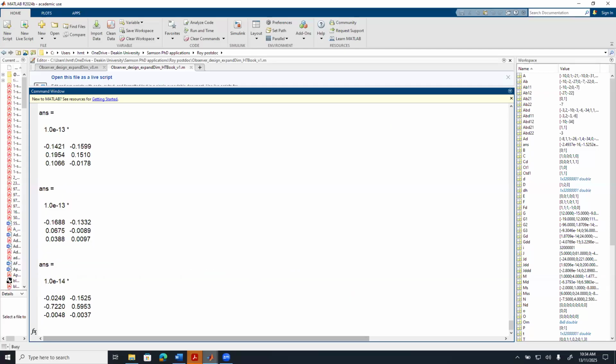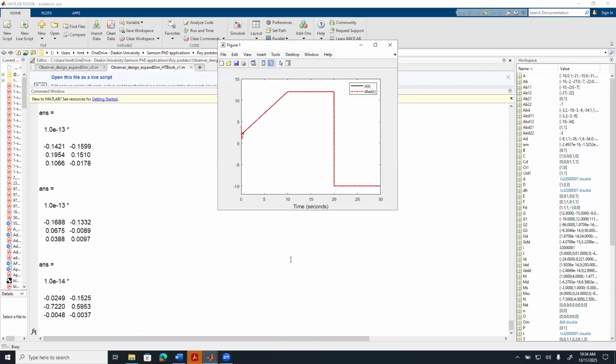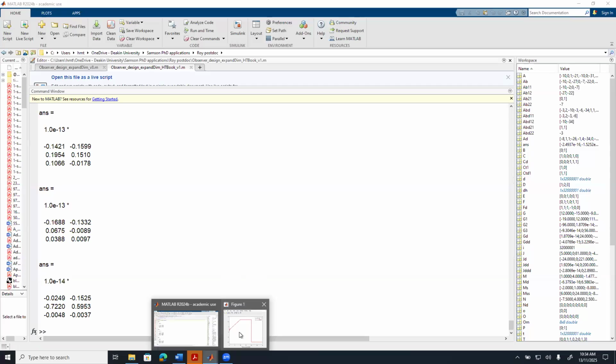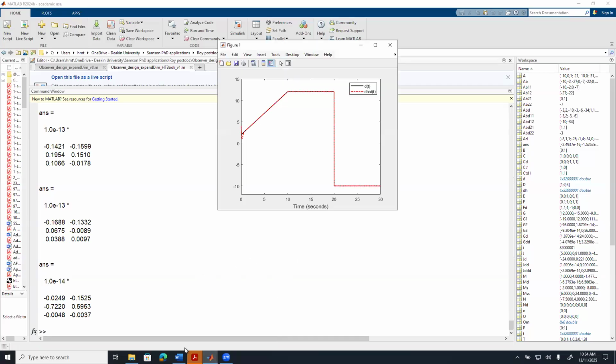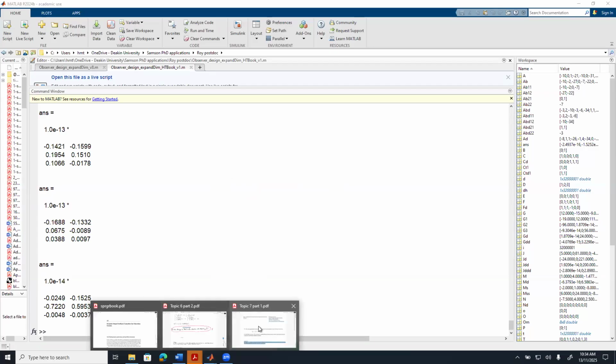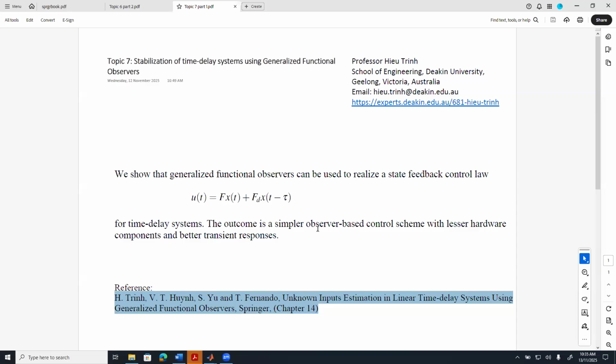The figure that we expected is this figure here, where we have a much quicker settling time, in other words, convergence time. It shows that the third order observer gives us a quicker convergence time compared to a second order observer with an internal delay.